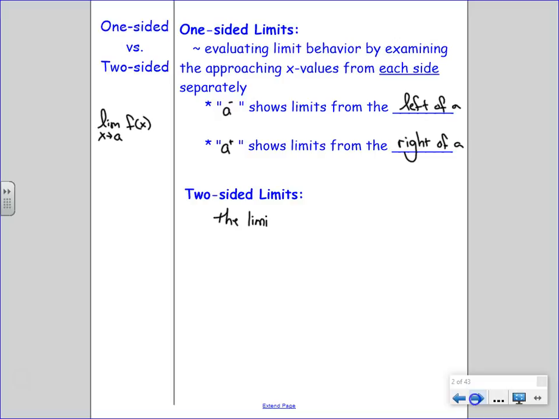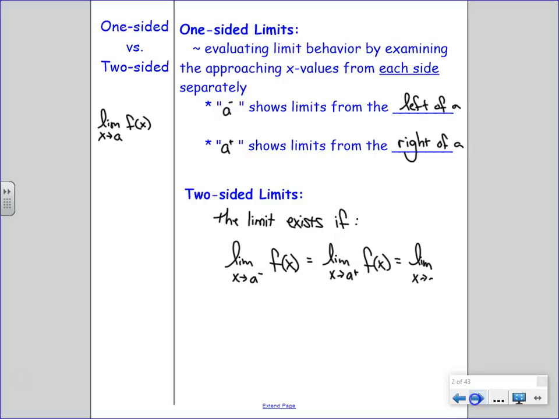The limit exists if the limit as x approaches a negative is equal to the limit as x approaches a positive, which will be the limit as x approaches a. Does that make sense? The limit only exists if the one-sided limits agree.